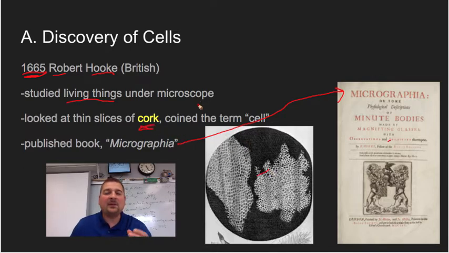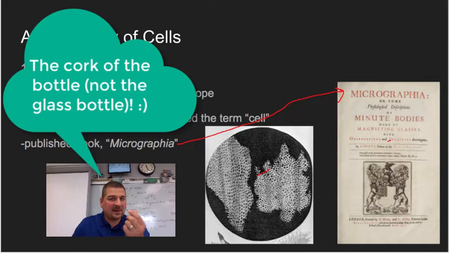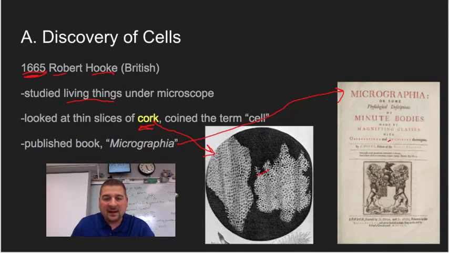Cork comes from underneath the bark of a tree, and I don't know if he took a wine bottle and just made a thin cutting of it, but when he looked at cork underneath the microscope, this is his drawing of cork here, he noticed that there were rows and rows of what looked like cells in a monastery.